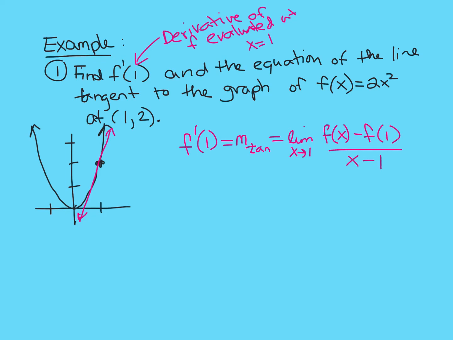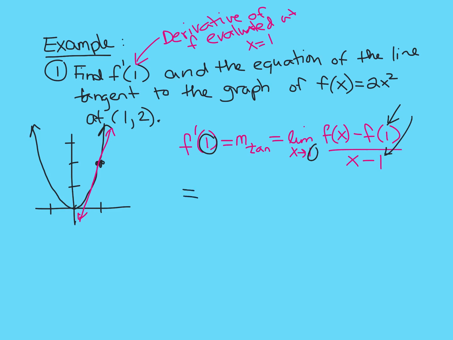And keep in mind that this one right here comes from that one there, and the same thing here also comes from there. It's going to be different depending on what value you are evaluating at.